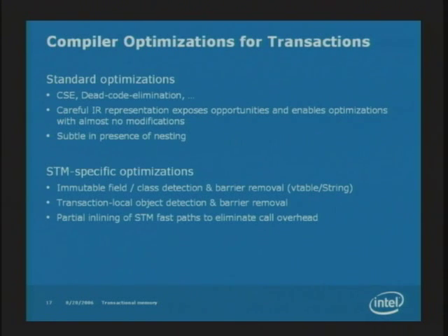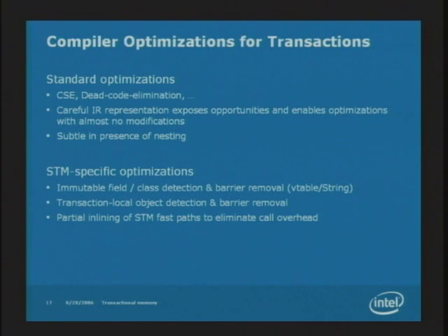And in our compiler, we do a lot of other traditional optimization. So for example, if a particular field or a particular class is immutable, then you don't really need to do any undo logging because no one else is going to write into it. And then we also detect whether some particular object is thread local or transaction local.